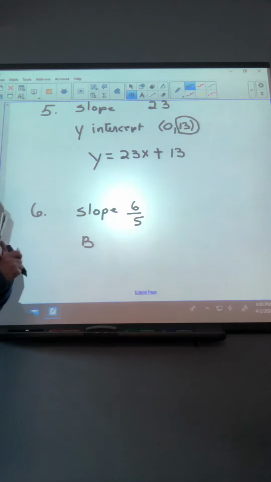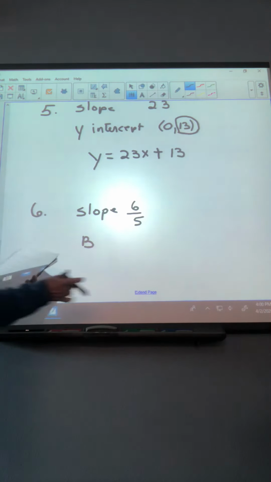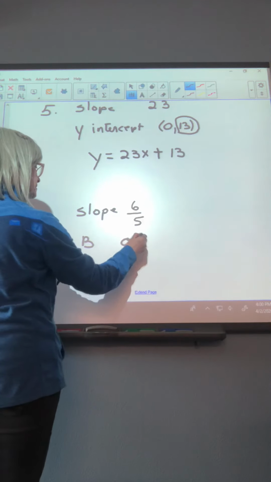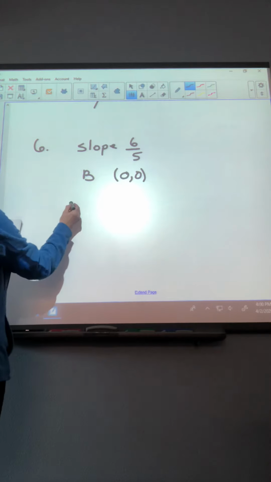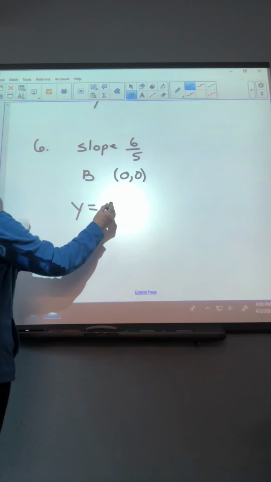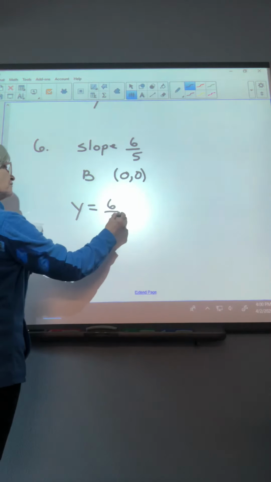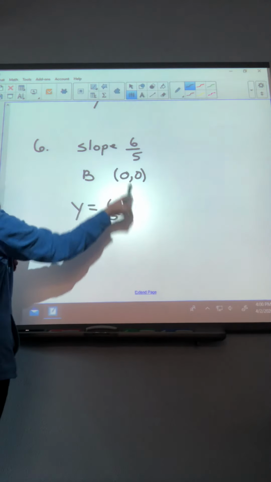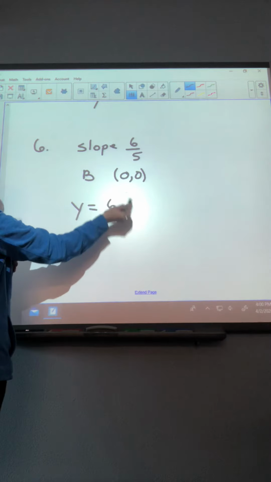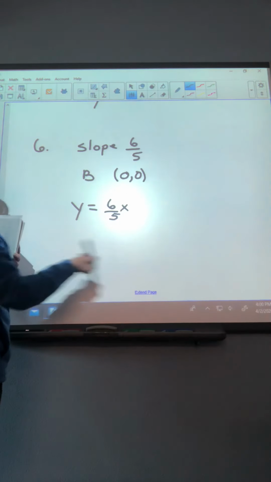So you know b represents the y-intercept. So slope is 6/5 and the y-intercept is 0, 0. Okay. So in this case, we would go ahead and write our y. We'd write the slope as 6/5 and we write our x. But there's no reason to write 0, 0. If nothing is there, then you know, oh, the y-intercept is 0.